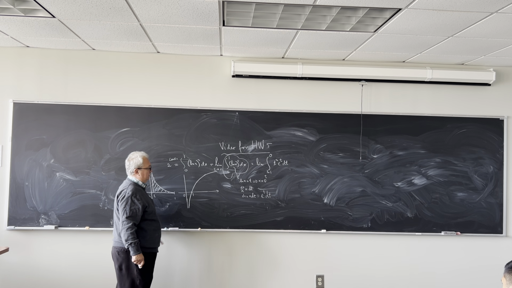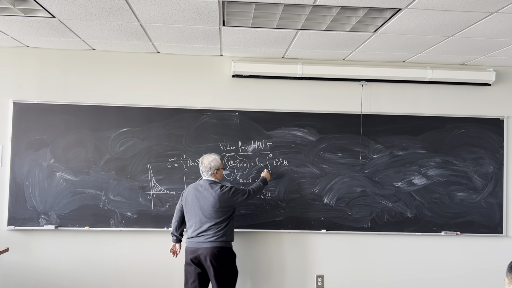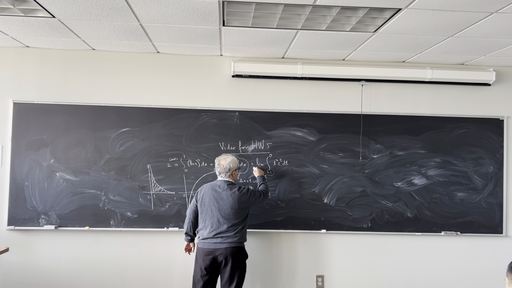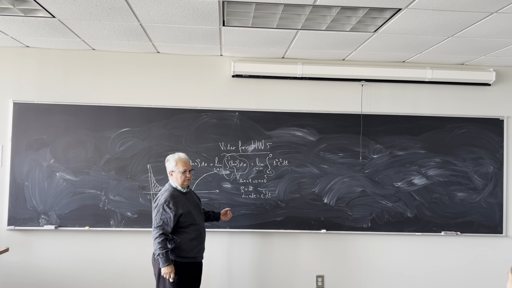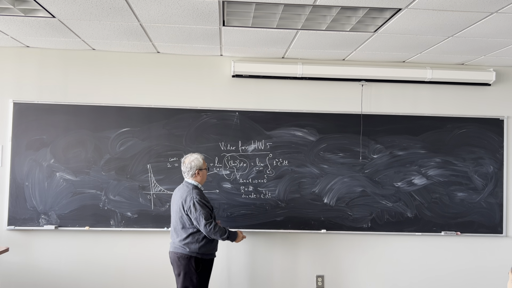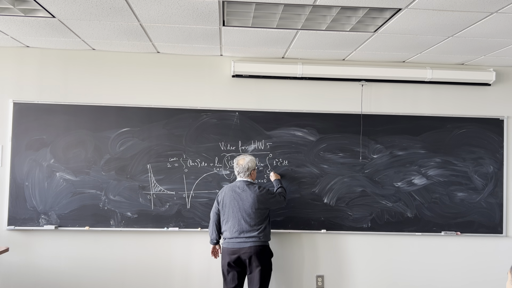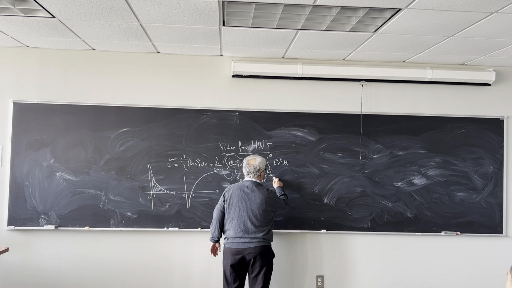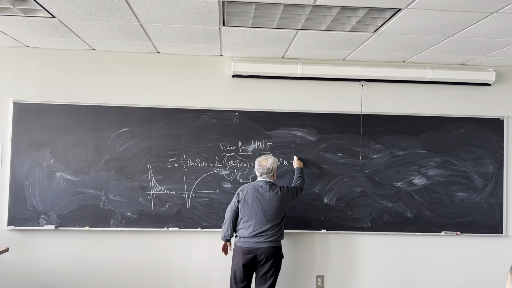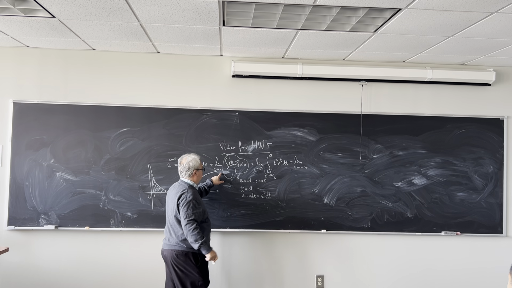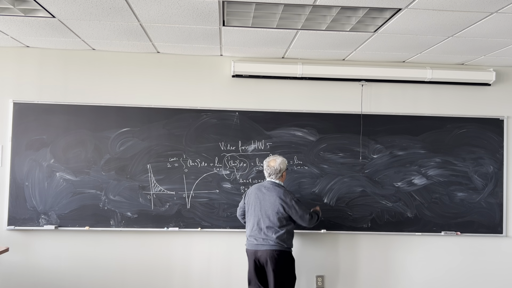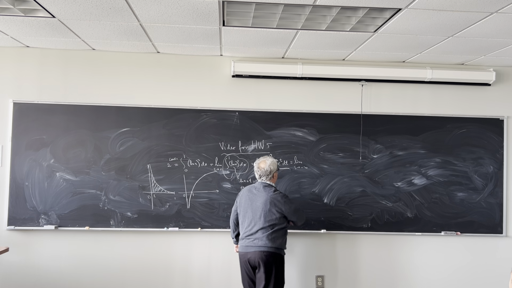So this goes from something close to negative infinity all the way to 0. When epsilon goes to 0, ln goes to negative infinity. So we can change this to a different limit and call ln of epsilon, let's say, s. The limit as s goes to negative infinity, where epsilon still goes to 0, but then s will go to negative infinity. And now we know how to integrate that.